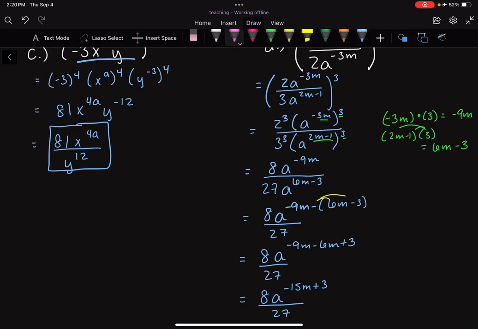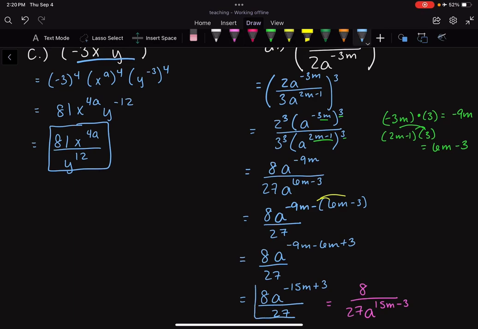Now this is a case where we can't really get rid of having some kind of negative in that exponent. However, it might look a little nicer to say 8 over 27 a to the 15m minus 3, basically taking the opposite signs.